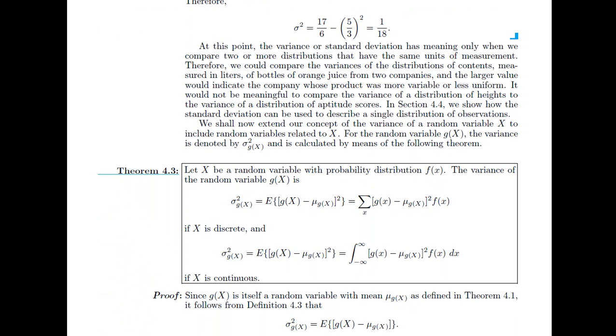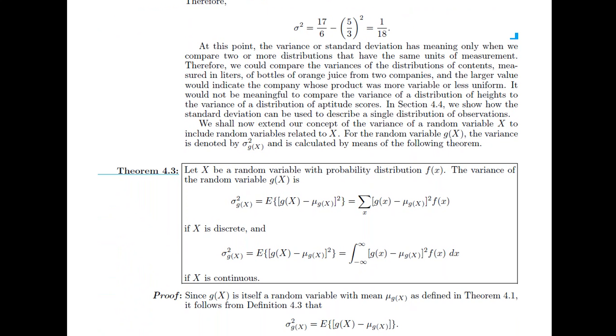Therefore, we could compare the variances of the distributions of contents, measured in liters, of bottles of orange juice from two companies, and the larger value would indicate the company whose product was more variable or less uniform. It wouldn't be meaningful to compare the variance of a distribution of heights to the variance of a distribution of aptitude scores.